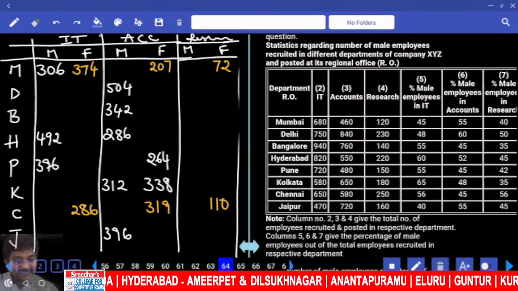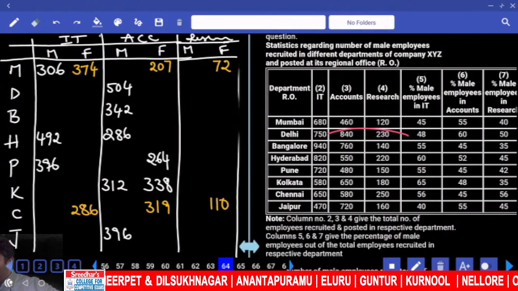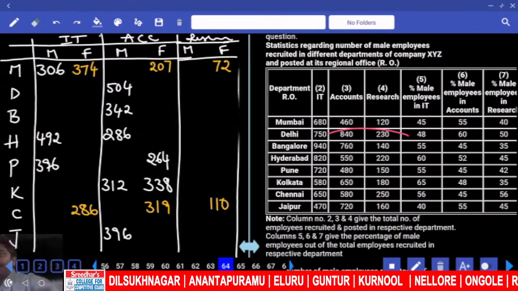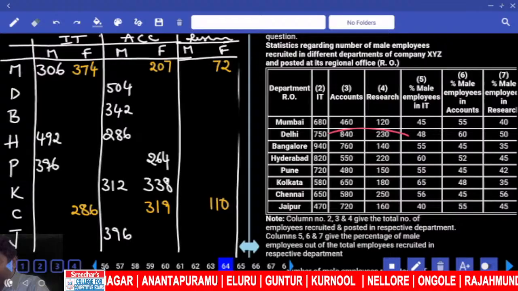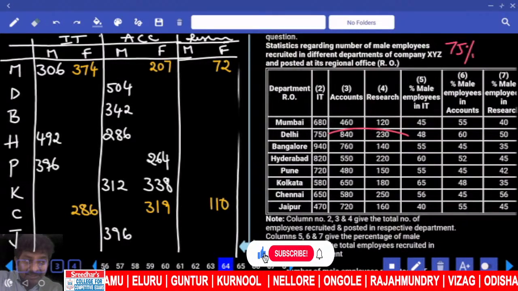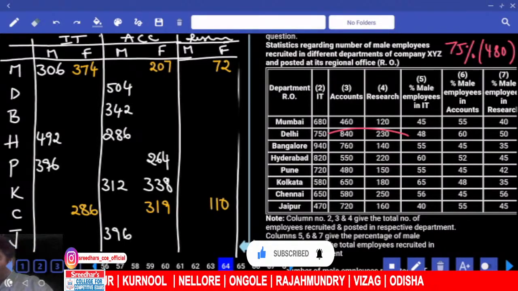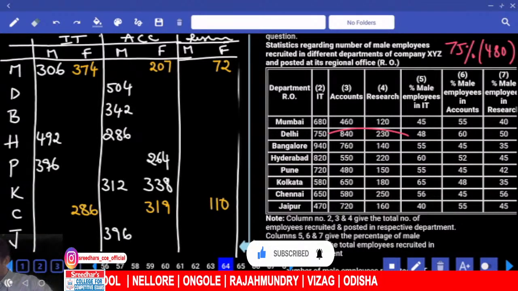Male Delhi 48% on 750 or 750% of 480. 750% of 48, or we can write it as 75% of 480, correct? Half plus half, 75%.